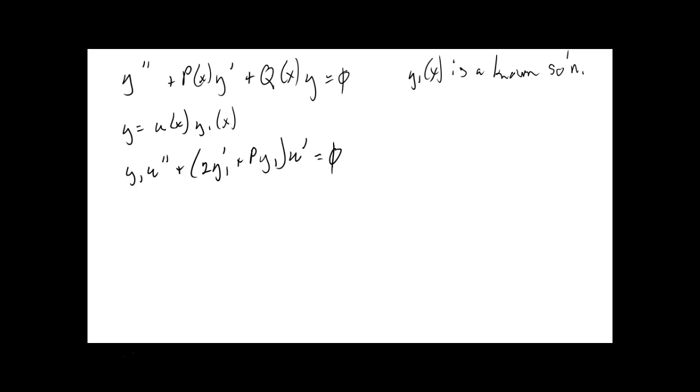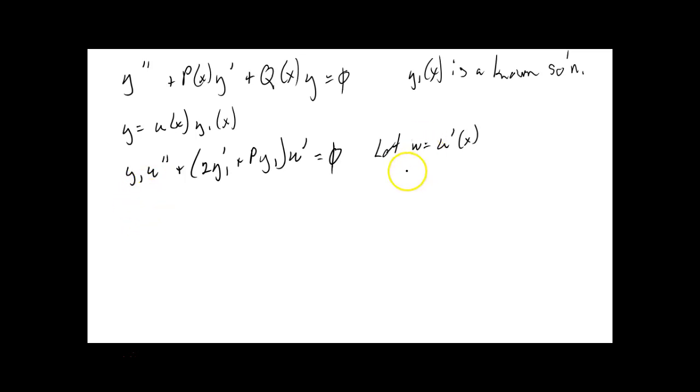So therefore, let's introduce another function. Let w equal u prime of x. So w is also a function of x. W of x is equal to u prime. Now, let's plug that in, and what do we get?